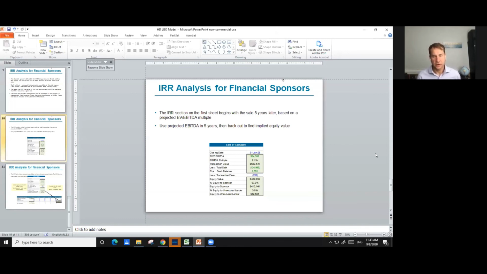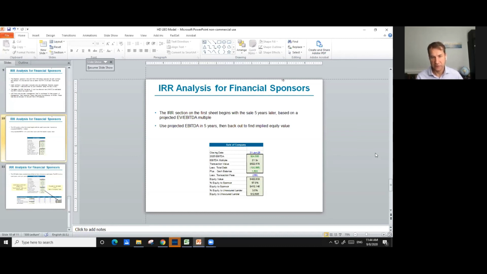So the IRR is calculated based on the exit sale price. We'll calculate that as EBITDA in the last year of the forecast times the same multiple as was on the purchase, and that way we'll get transaction value, subtract the debt, add cash, subtract transaction fees.